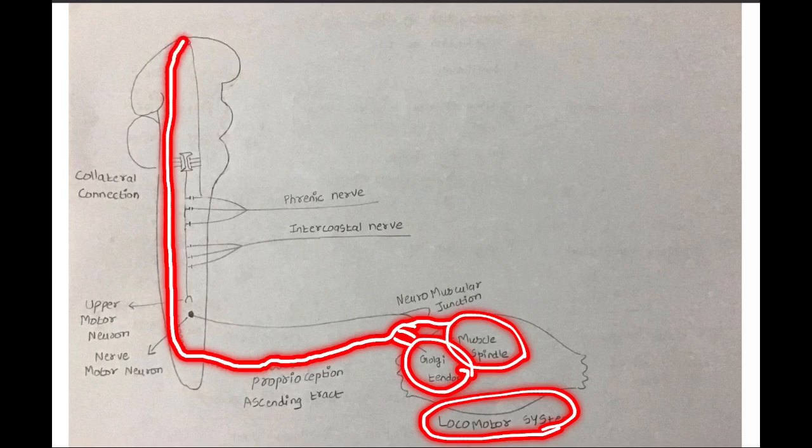And this proprioception receptor signal also gives some signals to the inspiratory center, in such a way it will activate the inspiratory center.